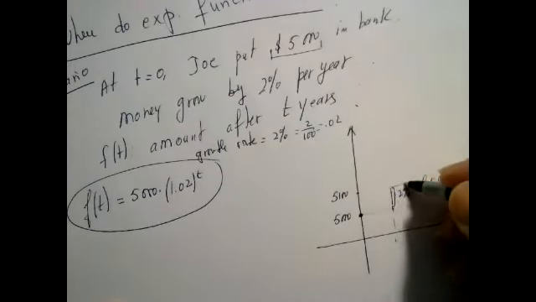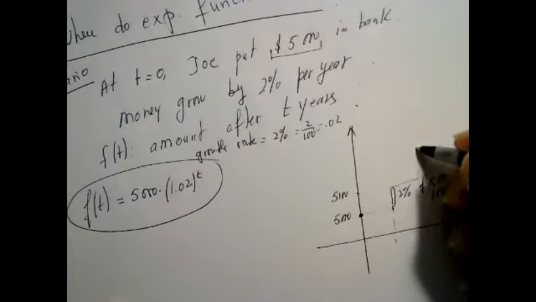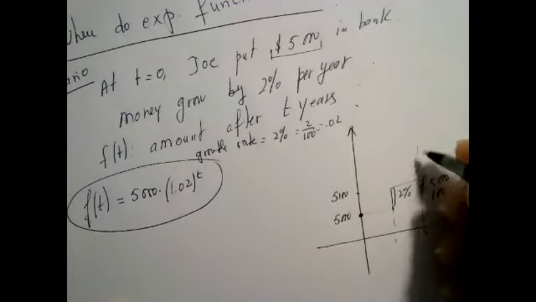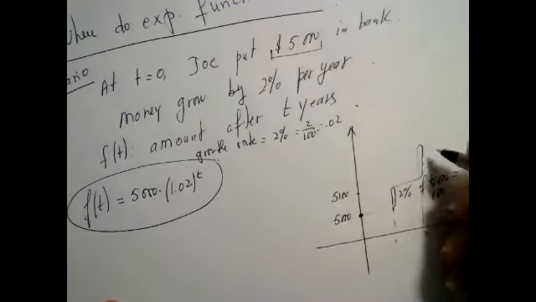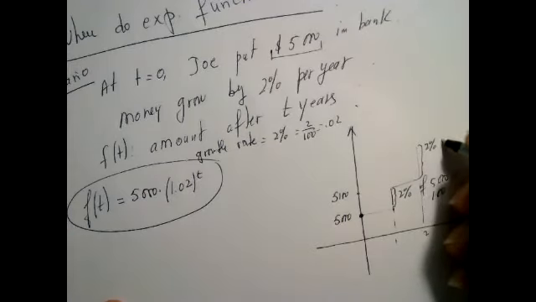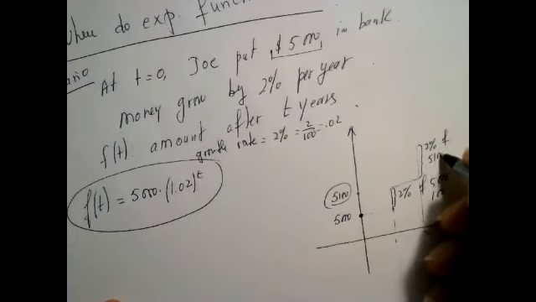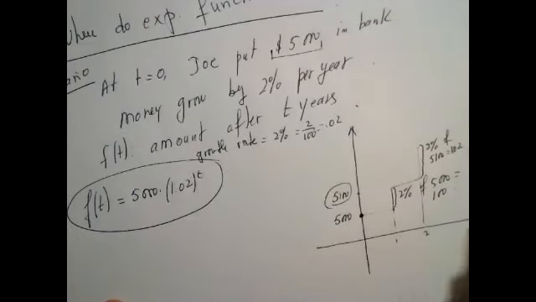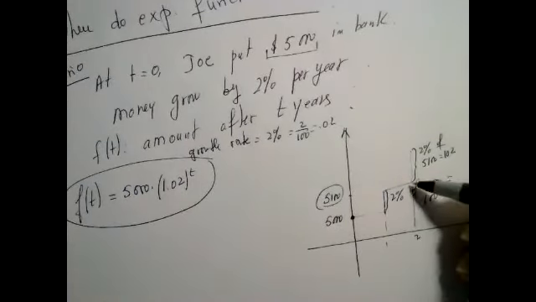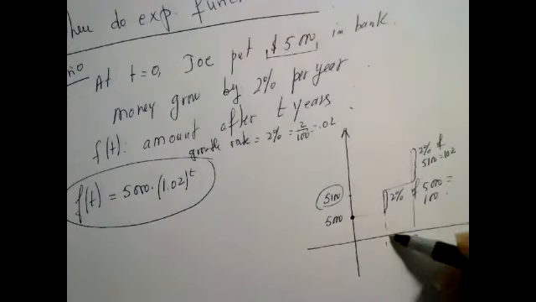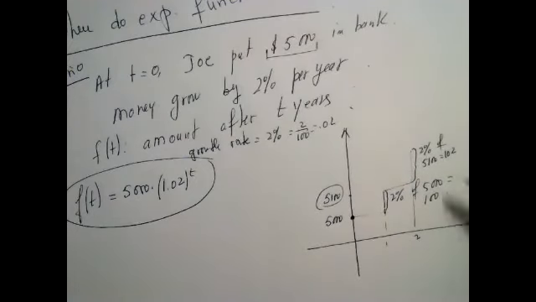Another year, we grow by 2% of a larger amount, 5,100, which is 102. So we grew by 100 the first year, and the second year, the money grew by 102.